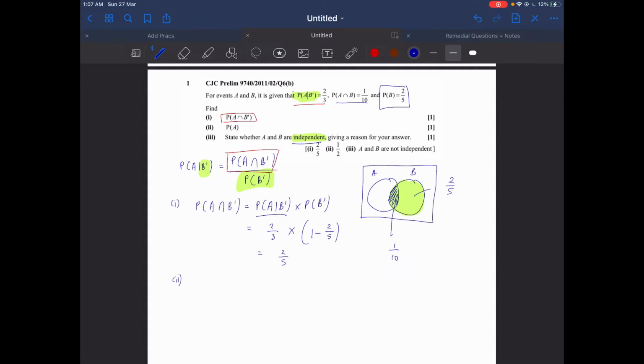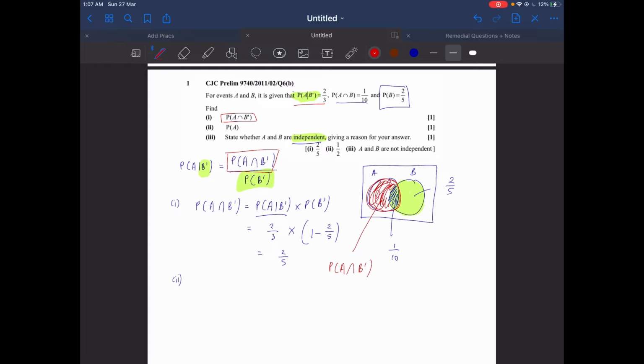So in order to find the probability of A, we are to find this whole part, right? And how do we find this area? This red area. Do you realize that this area is called the probability of A intersecting B prime?